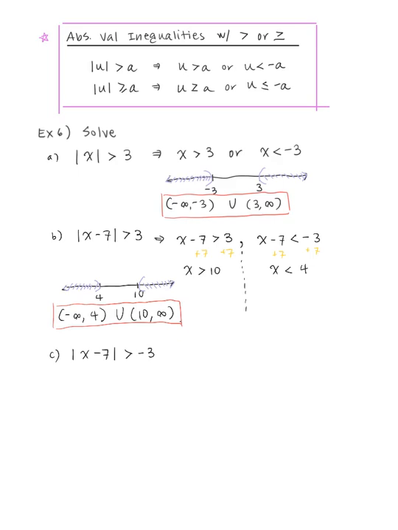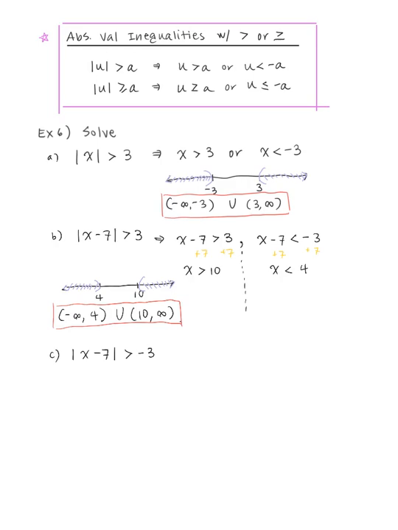Isn't that true no matter what? Because absolute value of any value is always going to be greater than or equal to 0. So in this case, no matter what x values you plug in, your answer is always going to be strictly greater than negative 3. So in this case, you don't have to do anything. Your answer is going to be all real numbers.